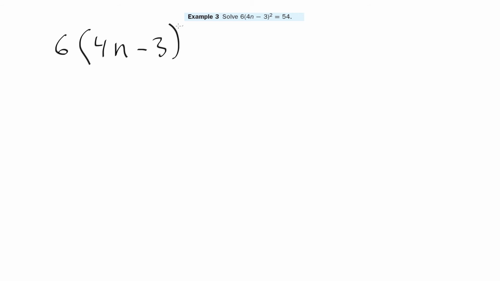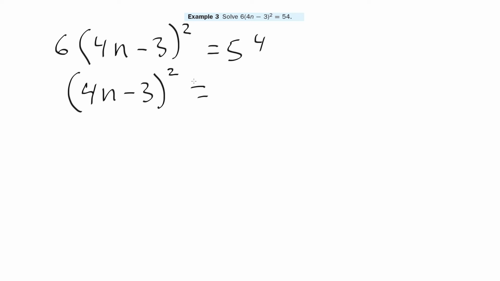Well, my first step is to, I think, get rid of this coefficient. I'm going to divide both sides of the equation by 6. So 6 over 6 leaves me with 4n minus 3, still in parentheses, still squared, and that equals 54 divided by 6 is 9.